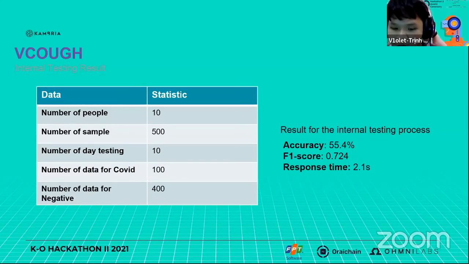The people who had COVID were me and my friend, as we were infected last month, and we collected 100 samples for COVID and 400 samples from the other 8 people for non-COVID. The accuracy of the model is 55.4, the F1 score is 0.724, and the response time of the server is 2.1 seconds.